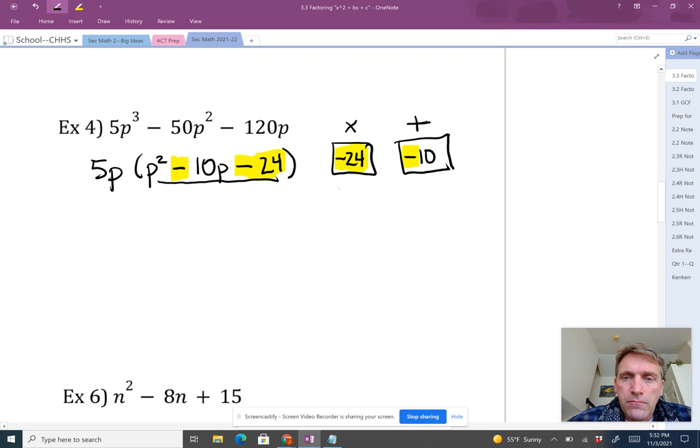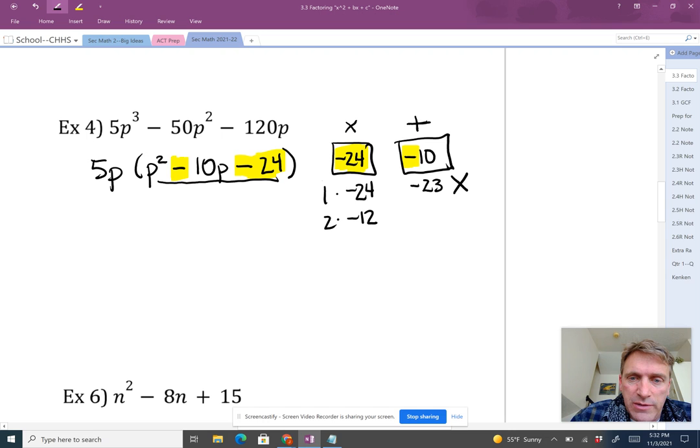Now, this time, the sum is negative 10, and so I want the larger absolute value to be negative. So I'm going to put 1 times negative 24, and all of my negatives are going to be on the larger number. So 1 plus negative 24 is negative 23, and that's not it, but the sign is correct. So 2 times negative 12. 2 times 12 is 24. 2 times negative 12 is negative 24.